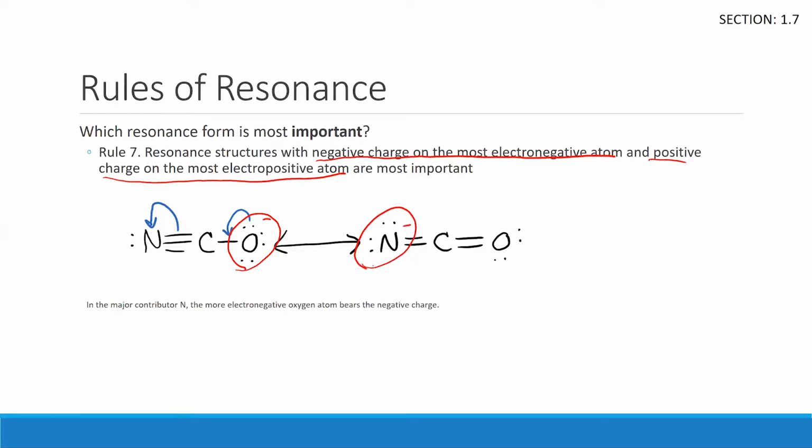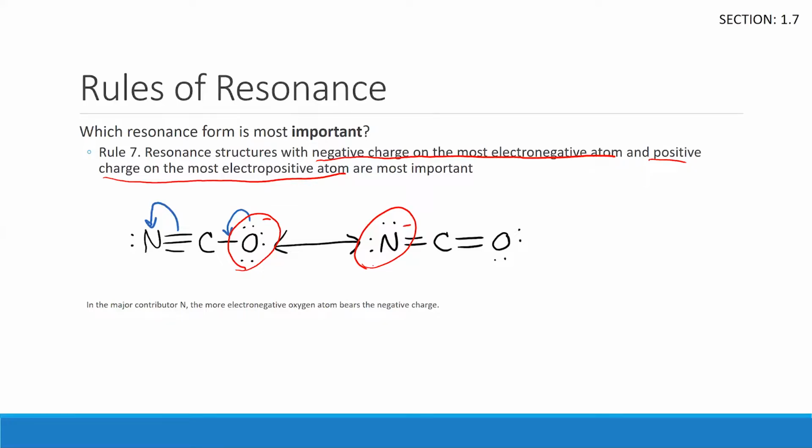And if you remember from our periodic table, electronegativity is going to increase as you go from the left to the right, meaning that oxygen is more electronegative than nitrogen.